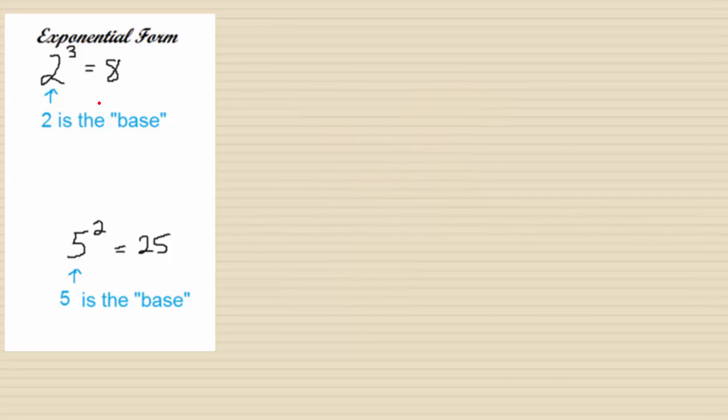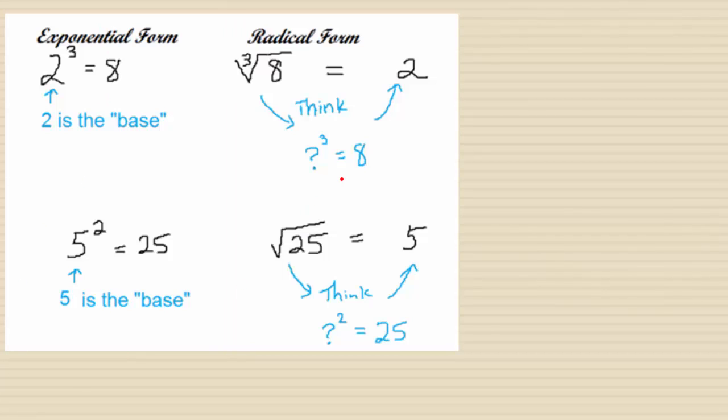When it comes to exponents, you had some fact families as well. You might not have thought of it that way, but if you change this to radical notation, notice that we still have the 3, the 8, and the 2 when we say the cube root of 8 is equal to 2. Why did we introduce this radical notation? Because sometimes we're missing the base.